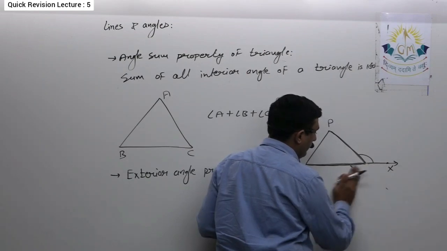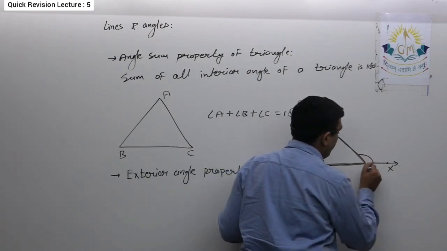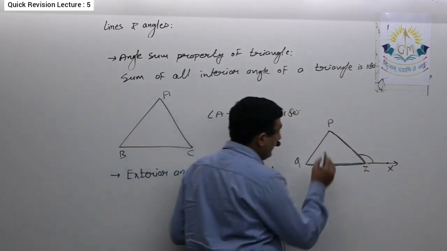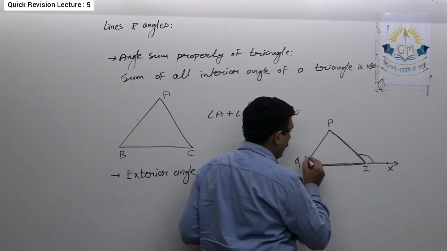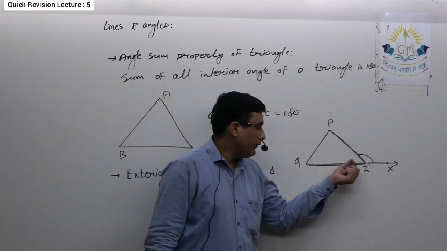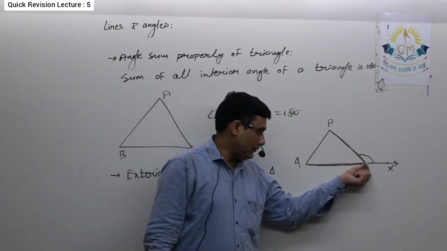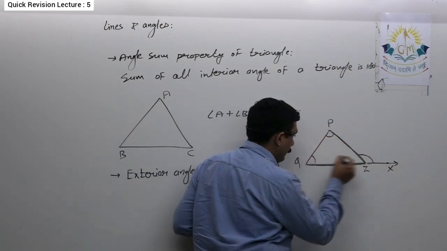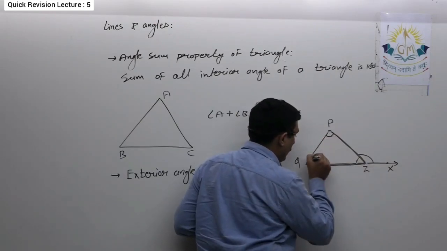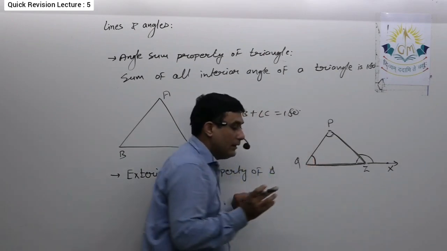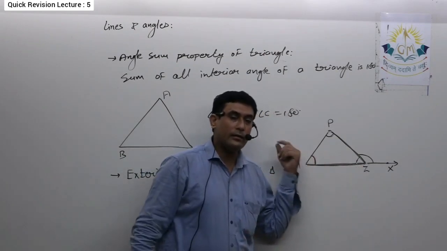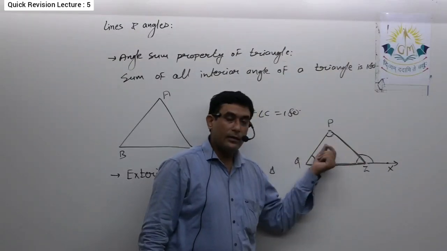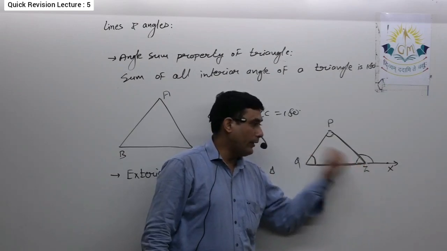So this is the exterior angle at point Z. With respect to point Z, angles P and Q are a little bit far from point Z. There are three interior angles, and two of them are opposite to point Z.